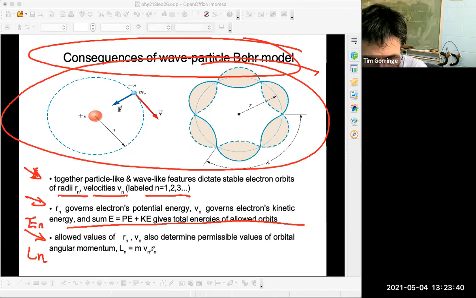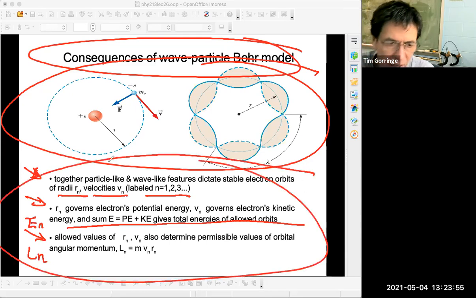And so if only certain values of Vn and Rn are allowed, like V1, R1, V2, R2, then only certain values of orbital angular momentum are allowed. And so this was a huge consequence for his model of the atom.